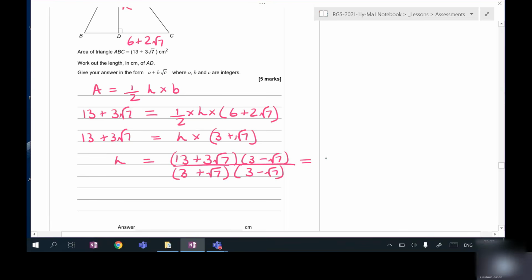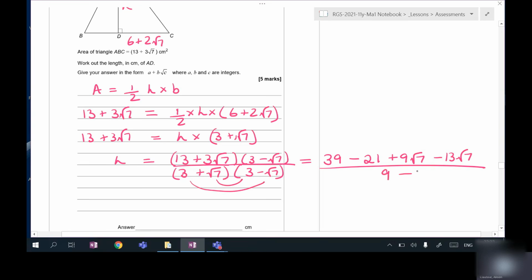So if we multiply those out, we've got 39 minus 3 times 7 is 21, plus 9 root 7 minus 13 root 7. And then on the bottom, we've got 9 plus 3 root 7, and the minus 3 root 7 will cancel out.